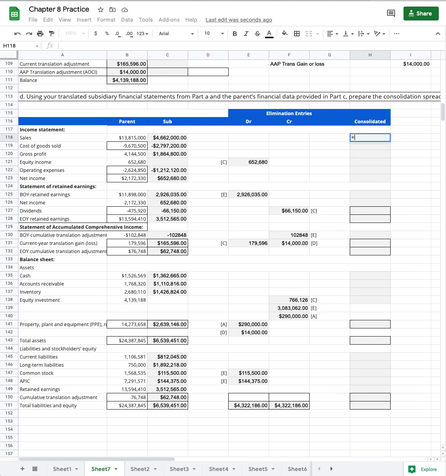So for a lot of these, we're just adding the parent and the subsidiary together. And we can copy this down. And then on some of them, of course, we have to deal with the elimination entry as well. Copy that formula again. And then add these together, subtract out our debit.